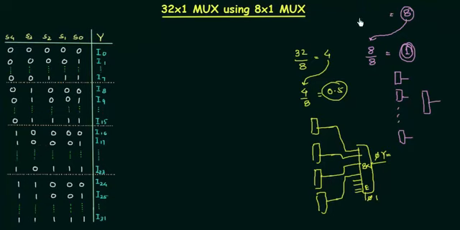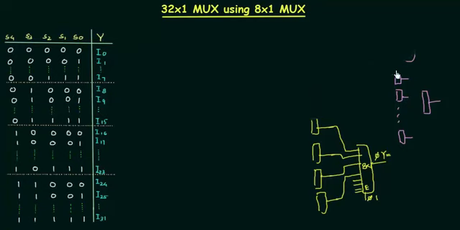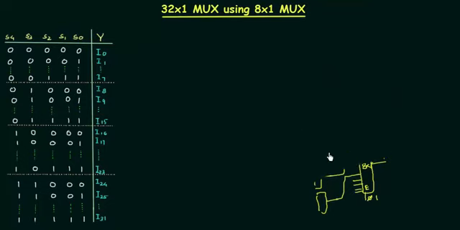First I will clear the board, and as you can see we have 4 as an integer. That's why we are going to use 4 8 cross 1 mux to obtain 32 cross 1 mux. We will also use basic gates AND, OR, NOT. Let's make 4 8 cross 1 mux quickly.